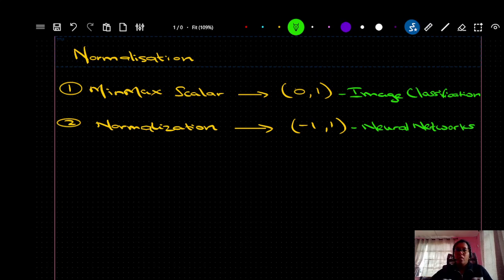Okay. So we're going to take a look at how MinMax Scaler is used in image classification.